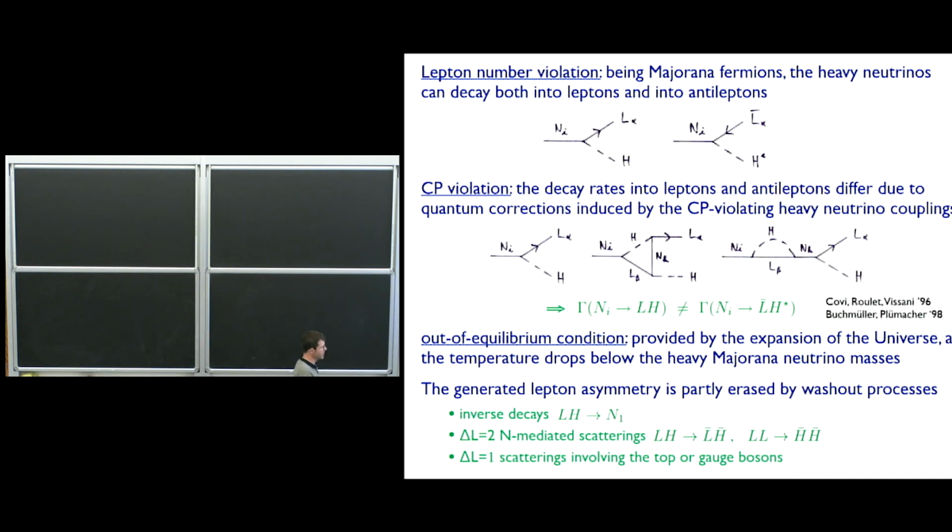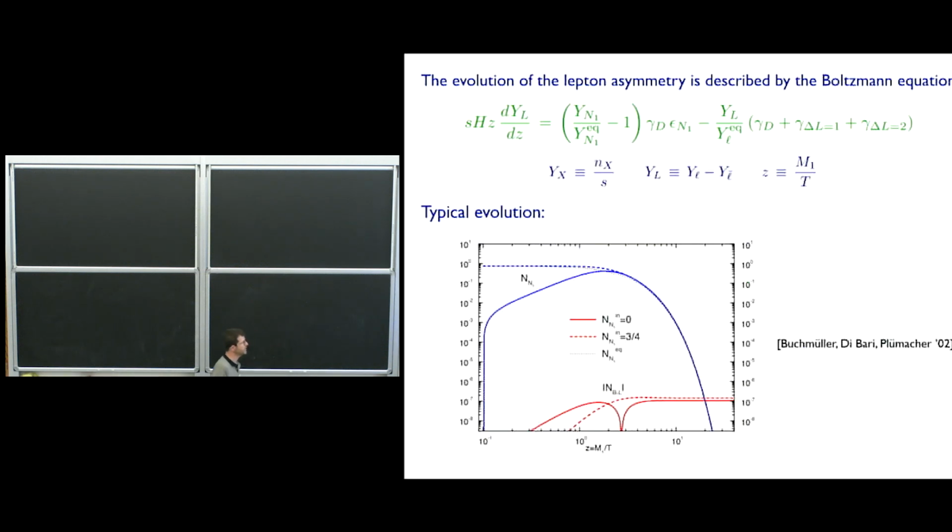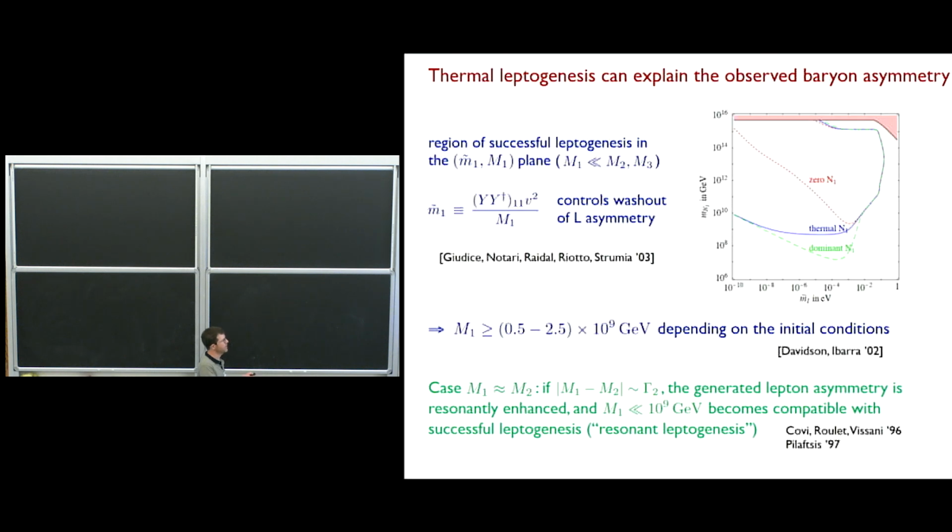And then you have to take into account that some processes can erase the lepton asymmetry that you have created. So you solve the Boltzmann equation, you get a nice plot like this one, where you find some region where leptogenesis can work. This is called thermal leptogenesis with hierarchical neutrino masses.